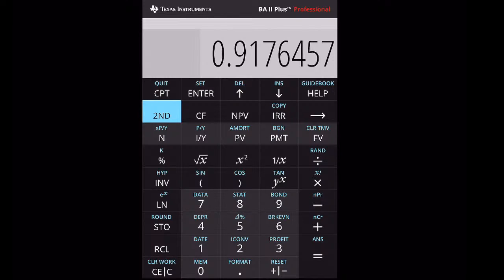Do it again. 0.7, y to the x is the power button. No, not 5. 7 equals, put a negative in front and add it to 1. So it's 92%.